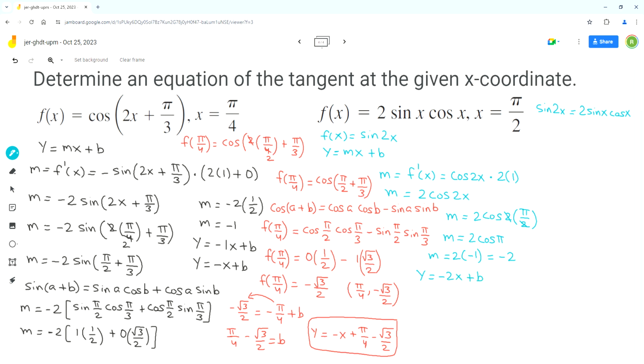Now we have to find the b value. So for that we need to find a point that lies on the tangent, and we can get that point from the function. So we'll sub in x as pi over 2 in the given function. So we can use the modified function expression.